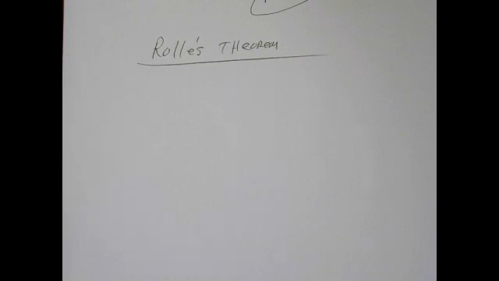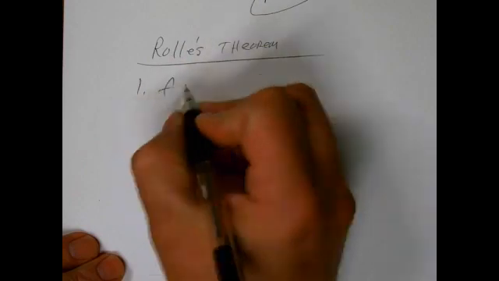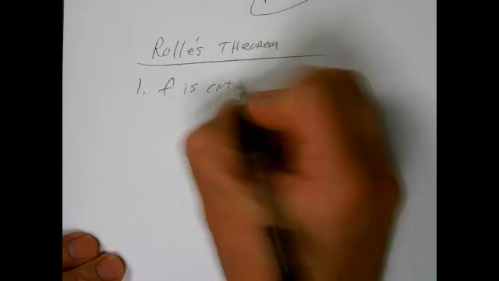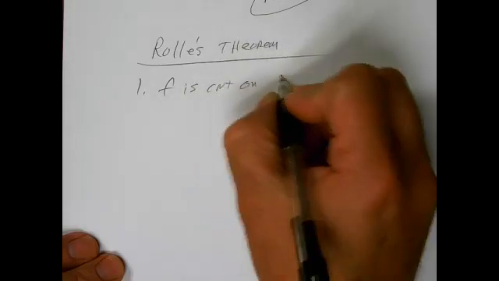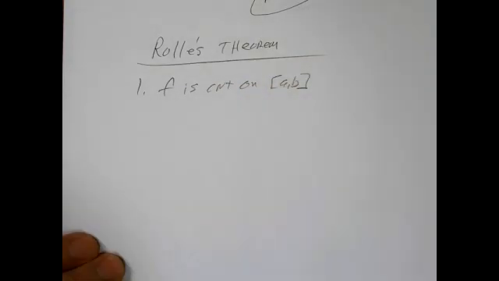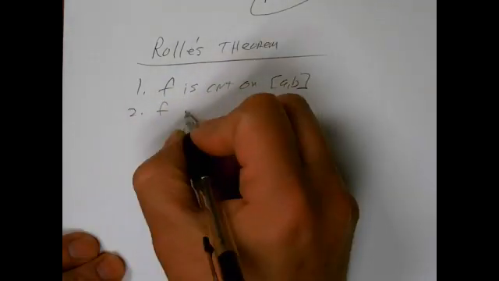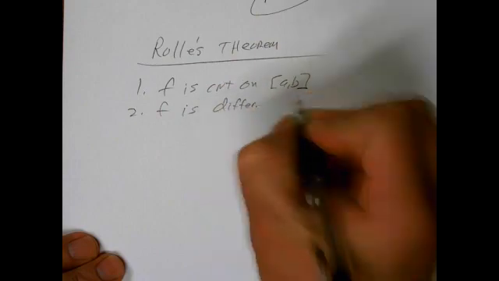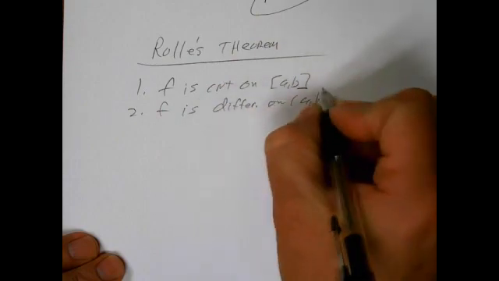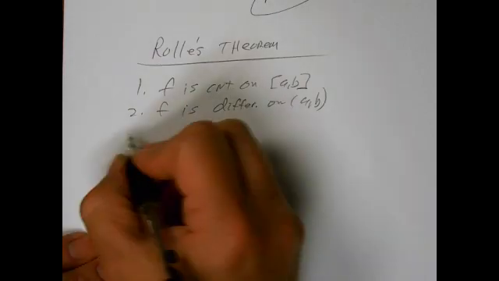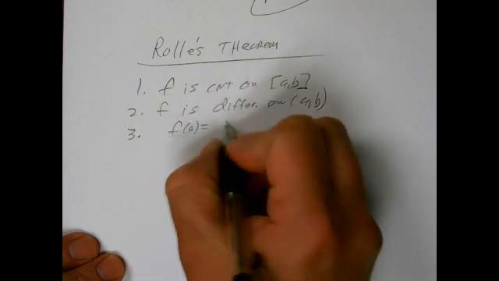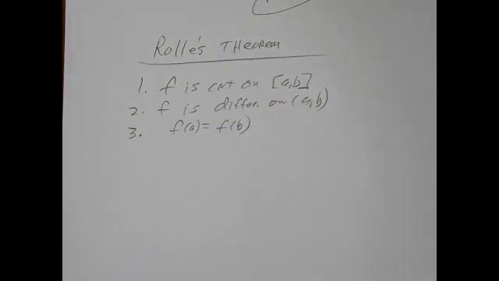All right, so for Rolle's theorem, number one, your function f, the one that you're applying it to, is going to need to be continuous on the closed interval from A to B. Secondly, f is going to have to be differentiable on the open interval from A to B. And f of A needs to be equal to f of B. Now, that part of Rolle's theorem means it can't be used just any time.